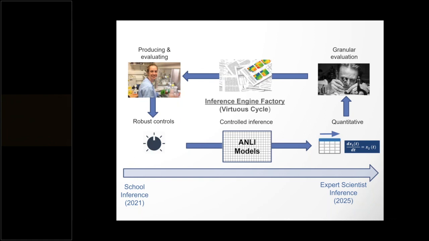How can we have examples of complex inference, and how can we annotate exactly the examples that are not addressed by the existing model? Essentially that's how we see some of this community unfolding in the next few years in order to cover this gap of expert scientist inference.